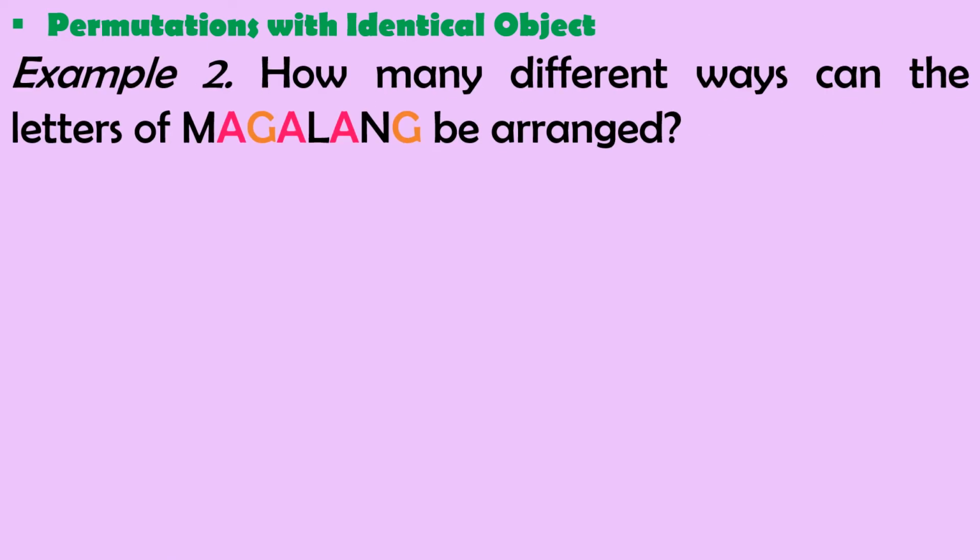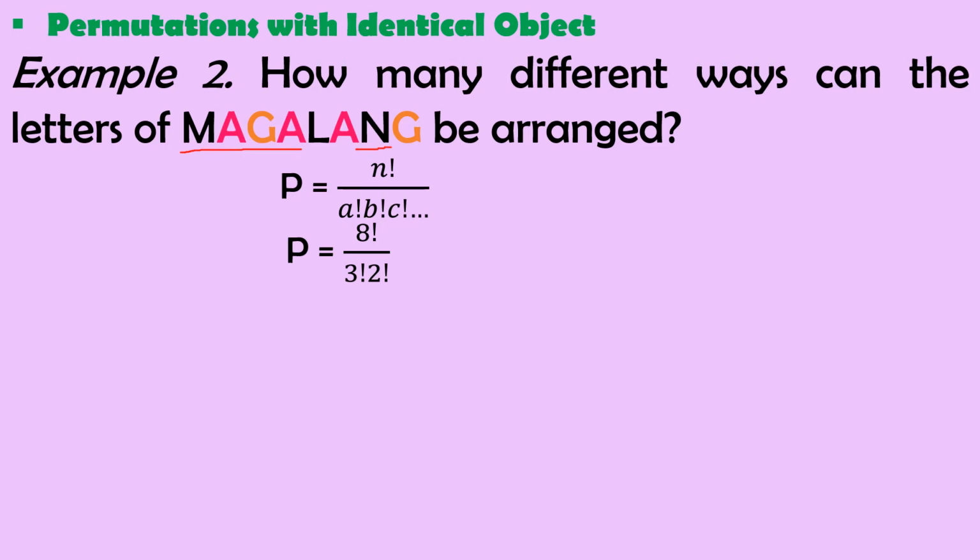For our next example, how many different ways can the letters of Magalang be arranged? Using our formula, P is equal to n factorial over a factorial multiplied by b factorial multiplied by c factorial and so on. Let us now substitute the given. So for n factorial, it is 8 factorial.